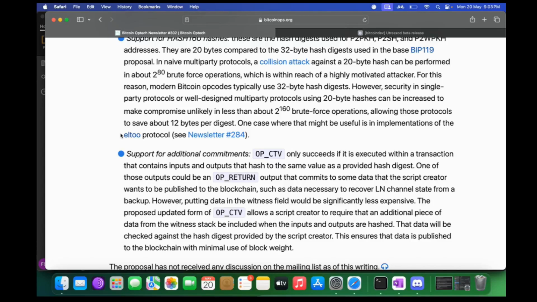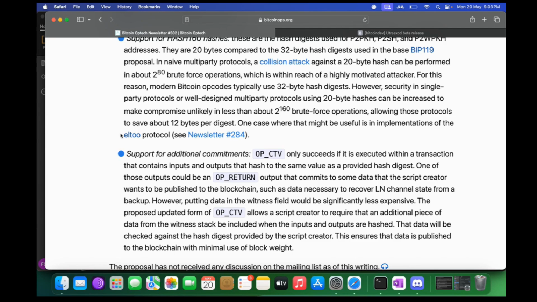So every time you create a new commitment transaction and update the state of your Lightning channel, you can keep some information pertaining to that state in the witness data of that commitment transaction, which helps you recover the state just in case you lose it. So when you are trying to furnish that commitment transaction, you can retain the state using that commitment transaction. This could be one use case that is proposed.